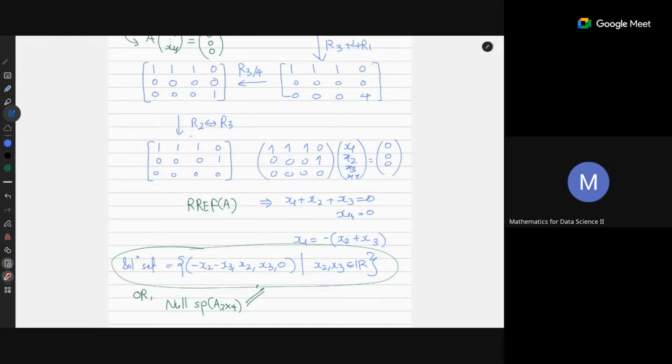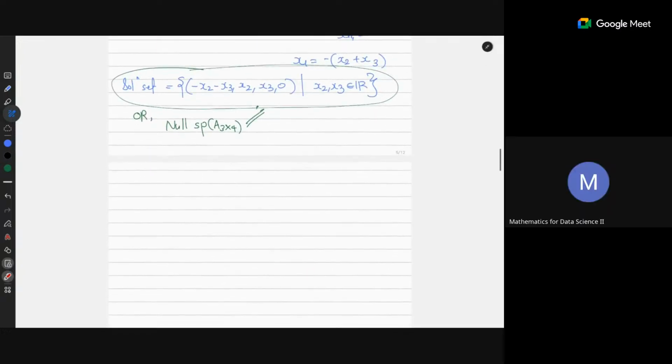Each row has only one leading term or pivot. That leading term corresponds to the dependent variable. And the other variables which are not dependent are the independent variables. Okay, sir.